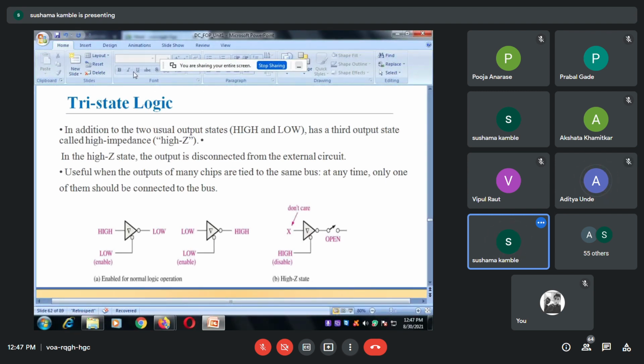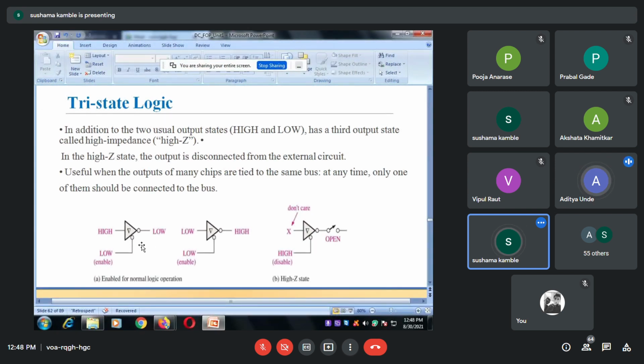Now tri-state logic, as its name indicates, means there is one more state. The output state can be high or low, and the third output state is called high impedance, that is called high Z. Now in the high Z state, what happens? The output is disconnected from the external circuit. Whatever the input is, it doesn't matter. This is also called a don't care condition.